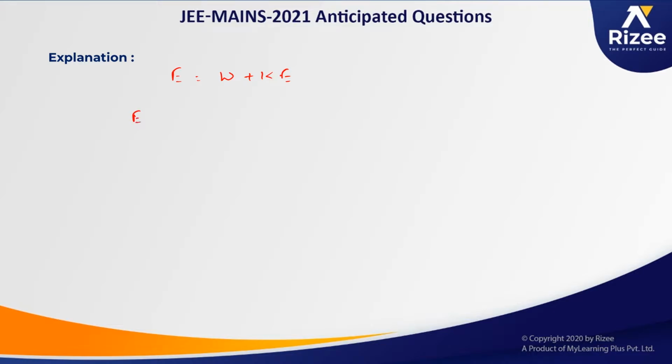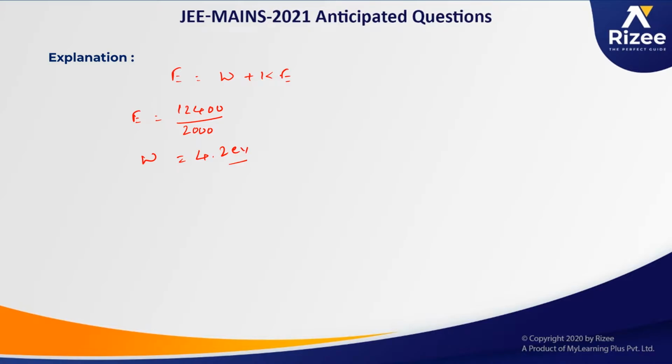From the given relation you can find the incident energy is 12400 divided by the given wavelength lambda. The given wavelength lambda is 2000 angstroms. From this you can calculate the incident energy, and he has given the work function to be 4.2 electron volts.